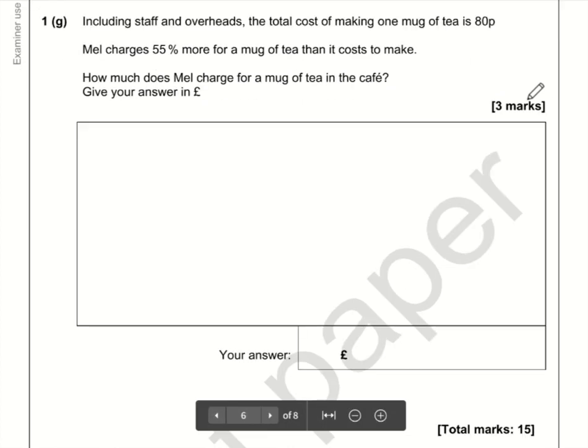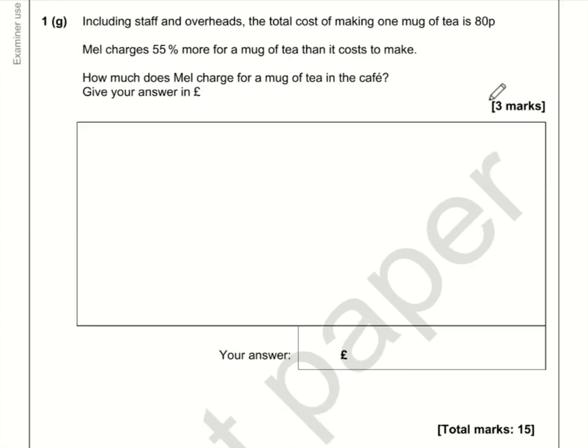Okay, so 1G: including staff and overheads, the total cost of making a mug of tea is 80p. Mel charges 55% more. How much does Mel charge for a mug of tea in the cafe? Okay, so first of all, we need to work out what is 55% of 80 pence. So I would see 55% as a mixture of 50% and 5%. Now 50% is half.